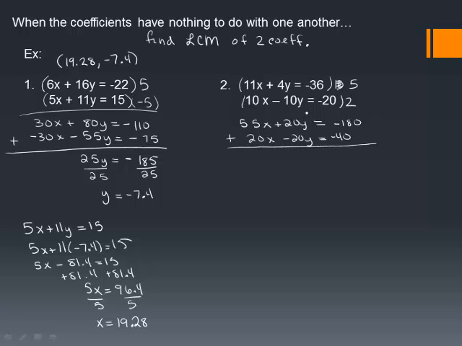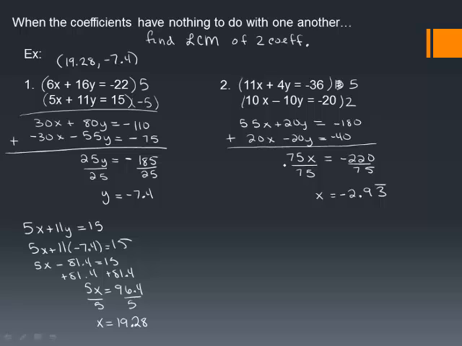When I add these together, my y's will cancel. So I have 75x is equal to -220. Divide both sides by 75. And I'm going to get that x is equal to -2.93 repeating.